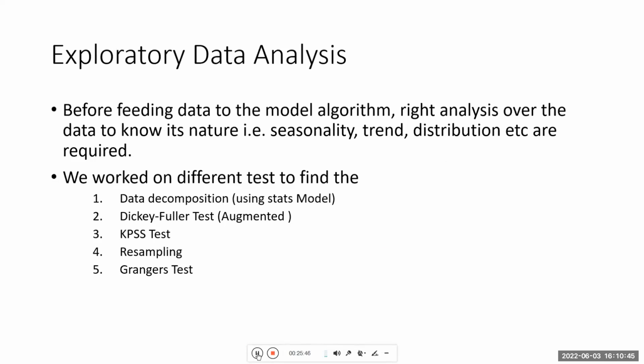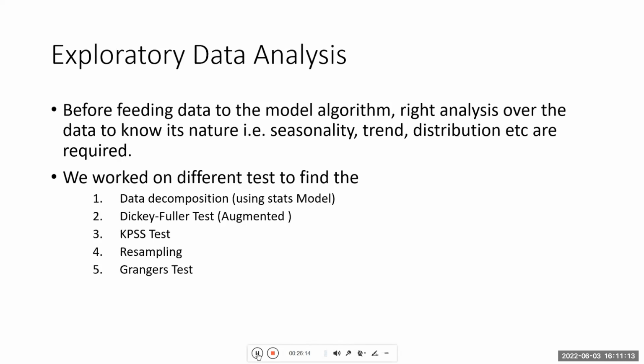So this analysis gives you the seasonality, trend, and distribution of your entire data. We worked on a few of them: the statistics, which give you the mean, mode, median, kurtosis, skewness, etc. Then we used the Dickey-Fuller test, or the augmented Dickey-Fuller test, which is based on the unit root test.